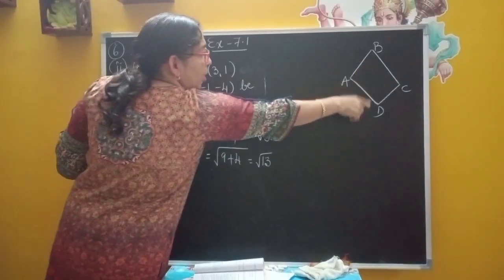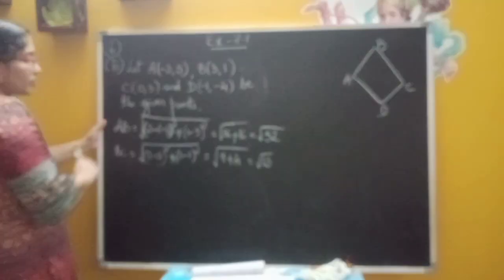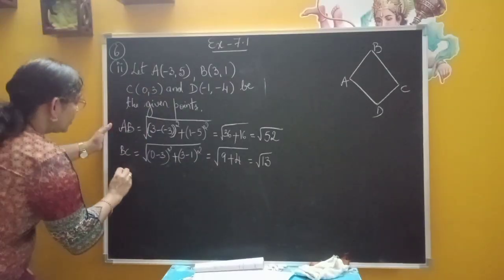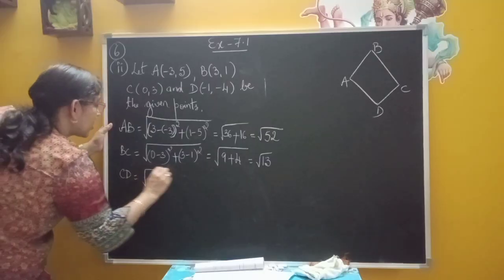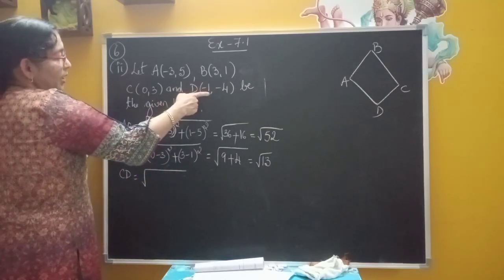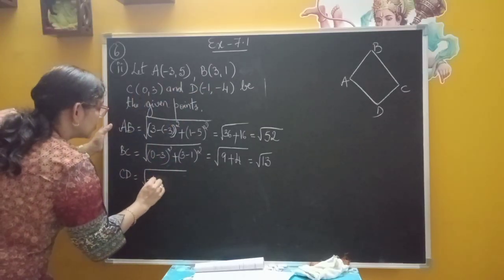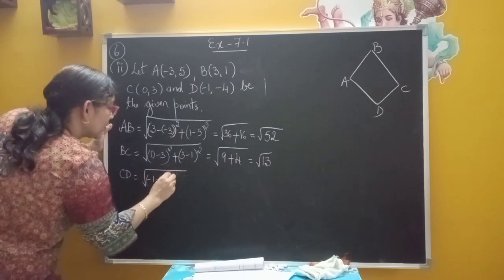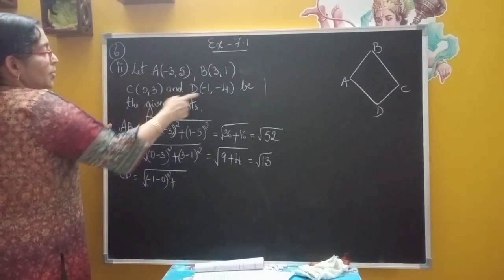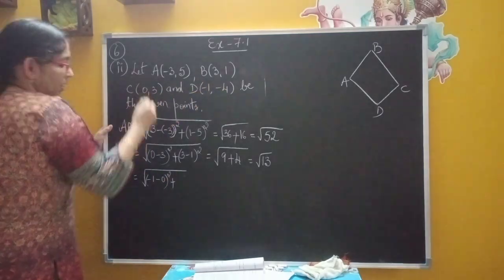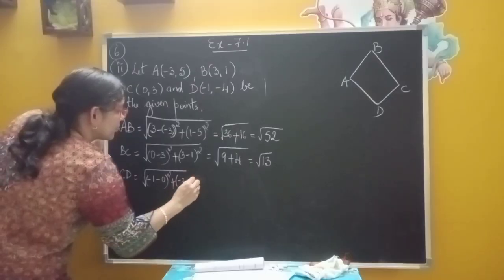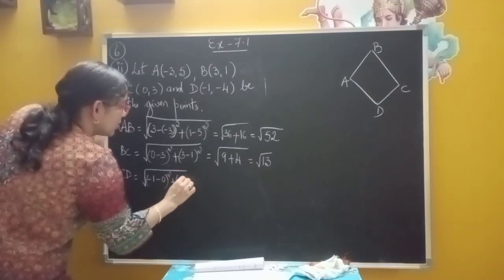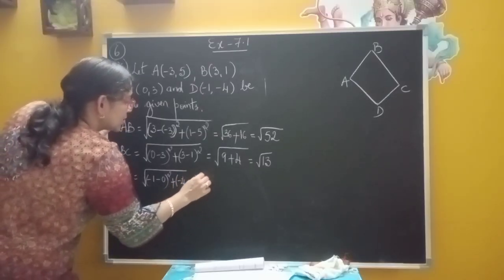Now next one, it is CD. CD or DC is another side. So I take CD now. CD is equal to the square root of minus 1 minus 0 whole square plus minus 4 minus 3 whole square.